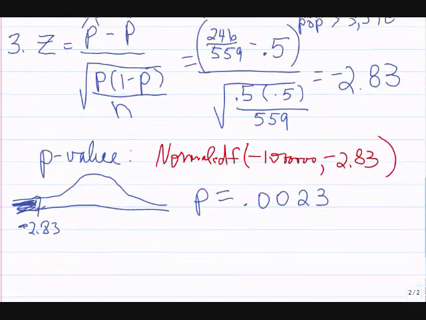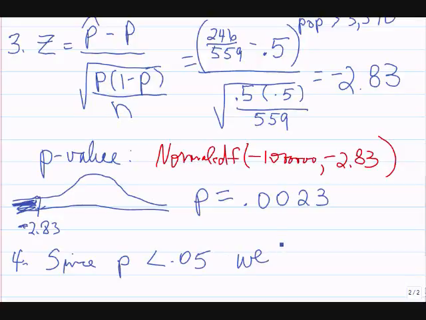Okay. So now my step 4. Since my p-value is less than, I think I had an alpha of 0.05, is less than 0.05, we can reject the null hypothesis.